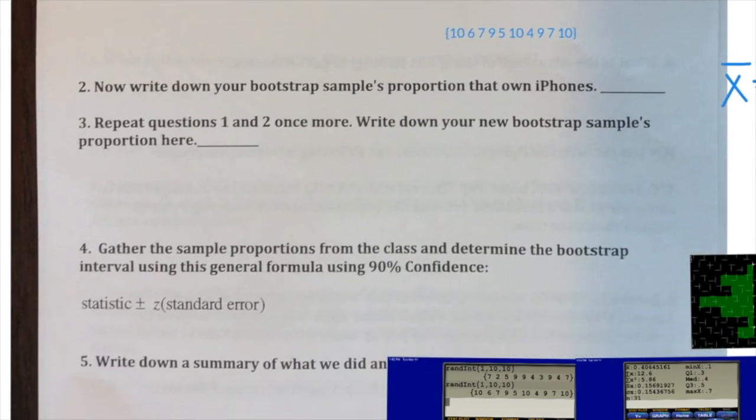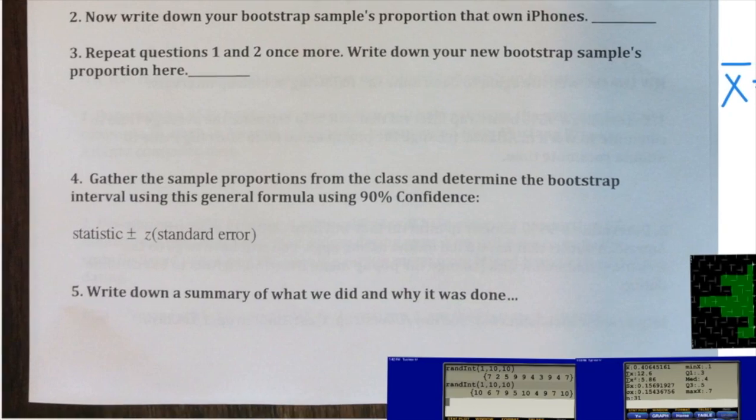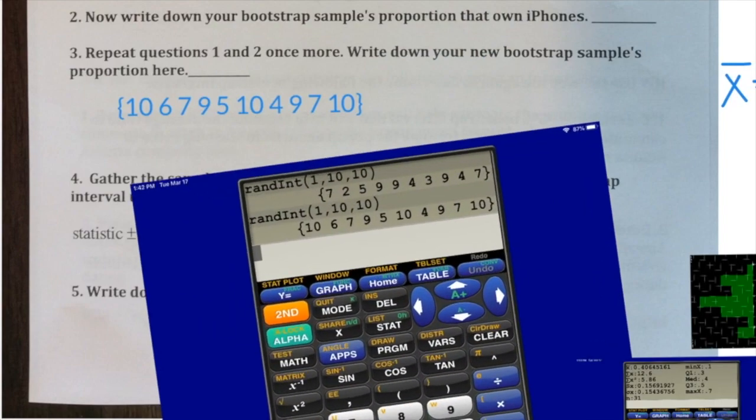Question number 3 says repeat questions 1 and 2 once more, and I did that as well. I did another random integer from 1 to 10. I actually have the graphic right here.